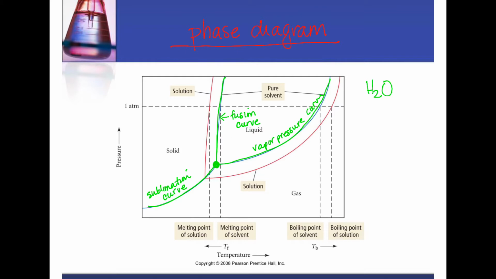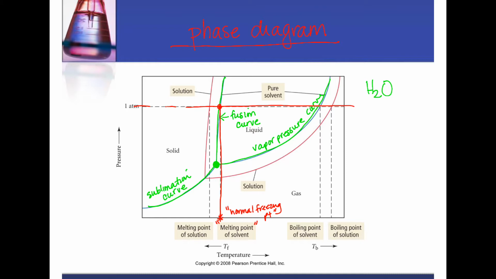So now let's draw our line at 1 atmosphere across. So where it hits the fusion curve, we go down. That temperature right there is the normal freezing point. That's also the normal melting point. So freezing and melting are just opposite processes there.